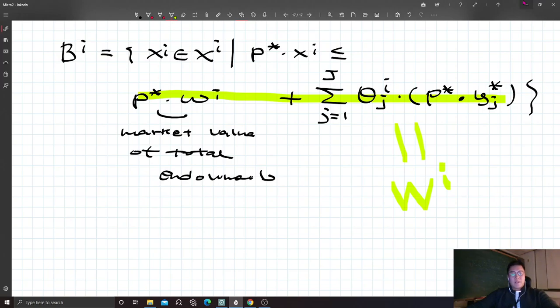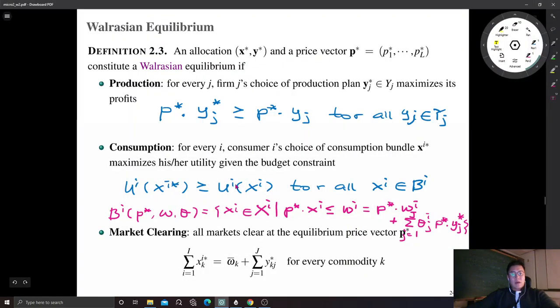All right, so that is an equilibrium condition on the consumption side. So consumer i's utility must be the maximum at that equilibrium allocation compared to utility at other bundles, other feasible bundles.